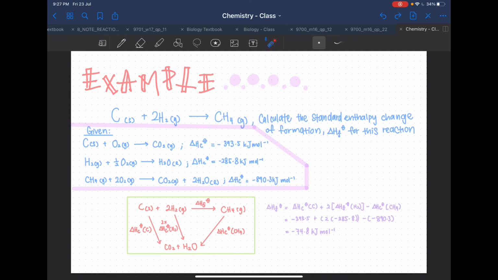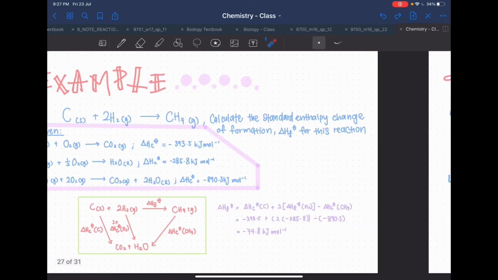So the standard enthalpy change of formation of this reaction would be the standard enthalpy change of combustion of carbon plus the enthalpy change of combustion of hydrogen, 2 times that, and then minus, because we want to flip the direction, the standard enthalpy change of combustion of methane. Then you substitute all these given values, and be careful of the negative and positive signs, and then you can get the answer.